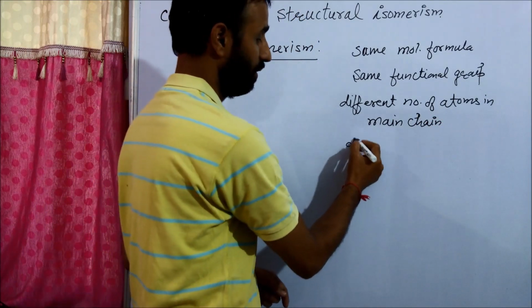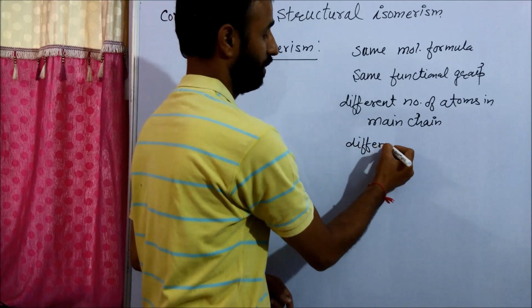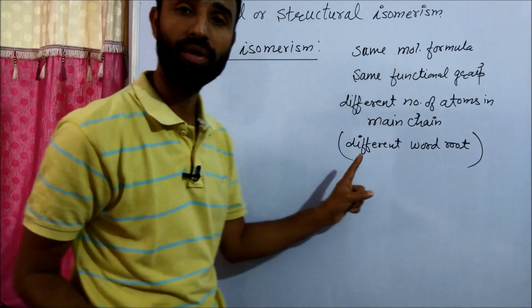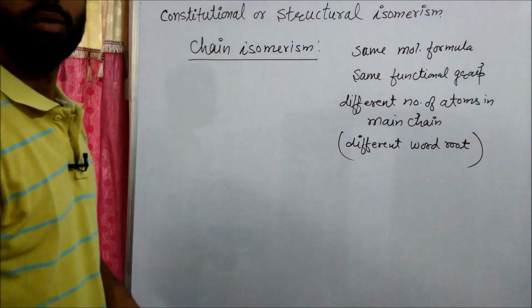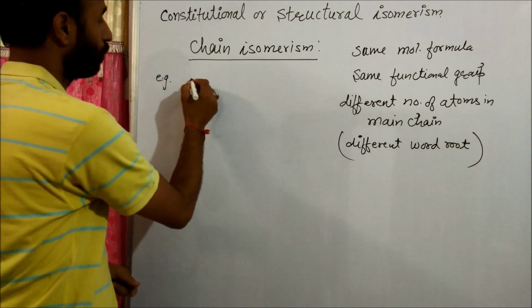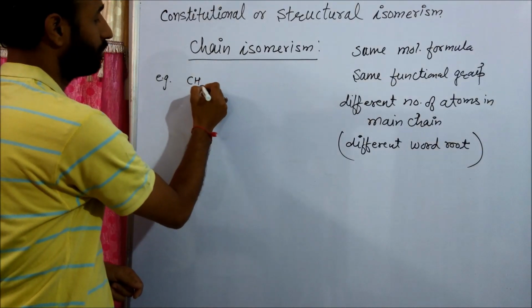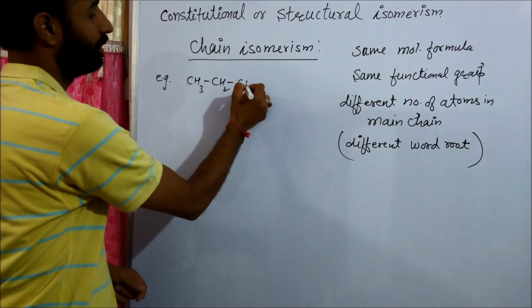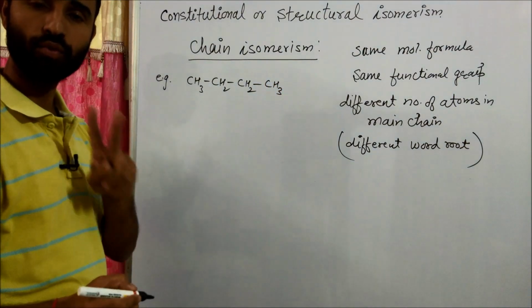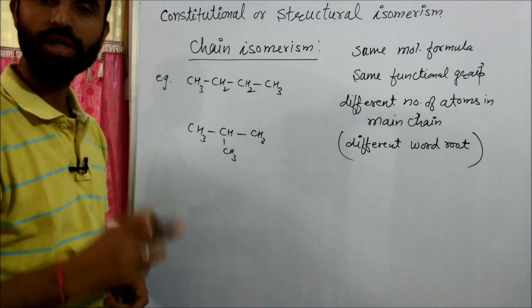Means they have different word root. Keep in mind, they have different word root. For example, butane. The minimum number of carbon atoms required for chain isomerism is 4, except in alkyne.